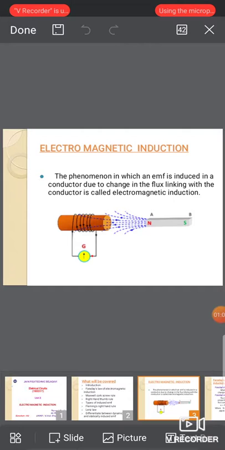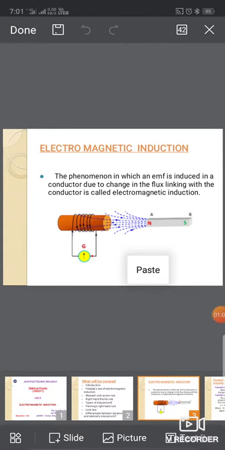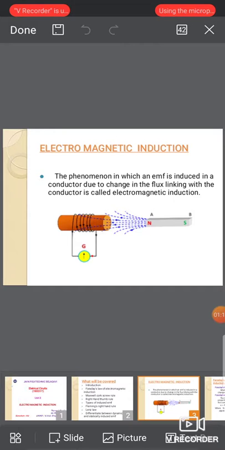Consider a coil having n number of turns connected to a galvanometer, and a bar magnet placed near the coil. When there is no movement in the bar magnet, no EMF is induced, hence the galvanometer will not deflect.